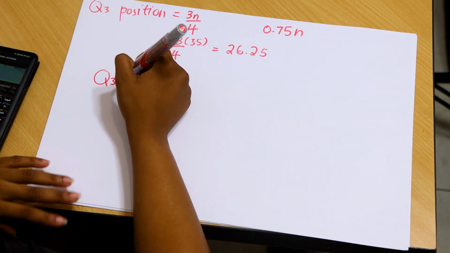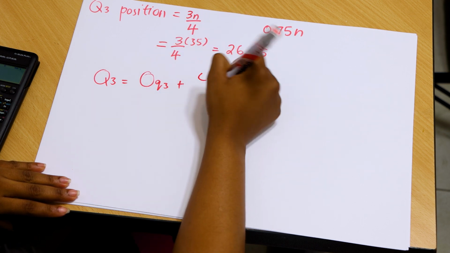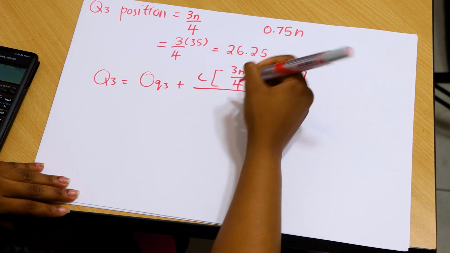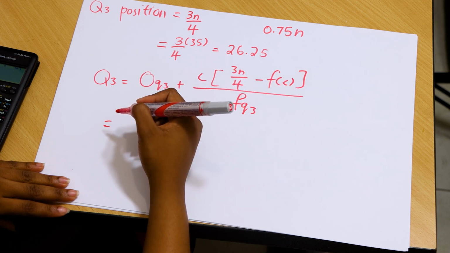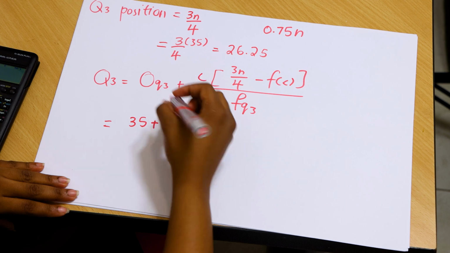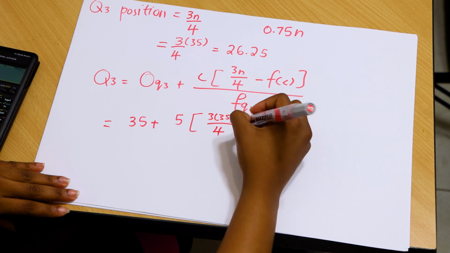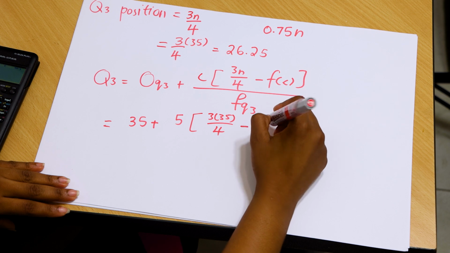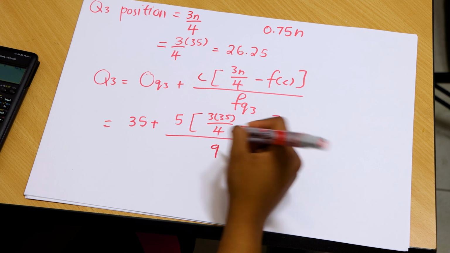Now let's go with our Q3 equation: (3n/4) minus the cumulative. So we said that the interval is from 35 to less than 40, so the lower limit is 35. Then C, we already know how to find it. It's 5, right? 3n/4 is 3 times 35/4, alternatively you can write 26.25. The cumulative frequency of the interval before that one is 21, and then the frequency of that interval is 9.